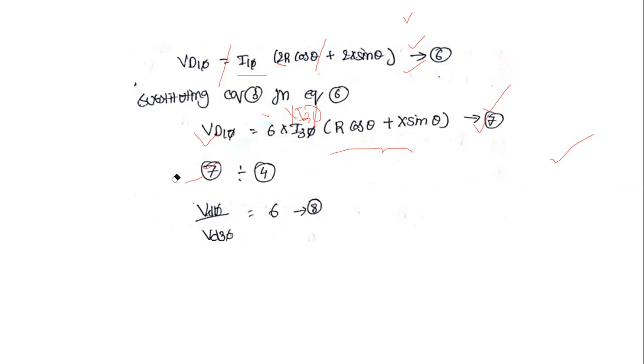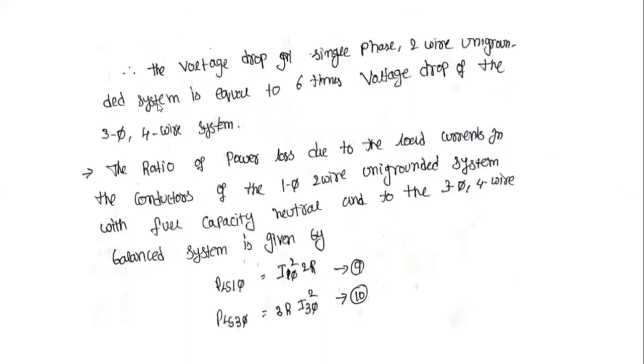This means the voltage drop across the single phase system is equal to 6 times the voltage drop across the three phase system for a uni-grounded system. Therefore, the voltage drop in the single phase 2-wire uni-grounded system is equal to 6 times the voltage drop of the three phase 4-wire system.